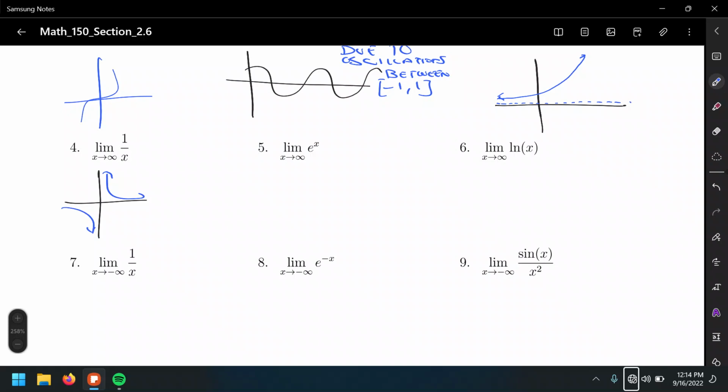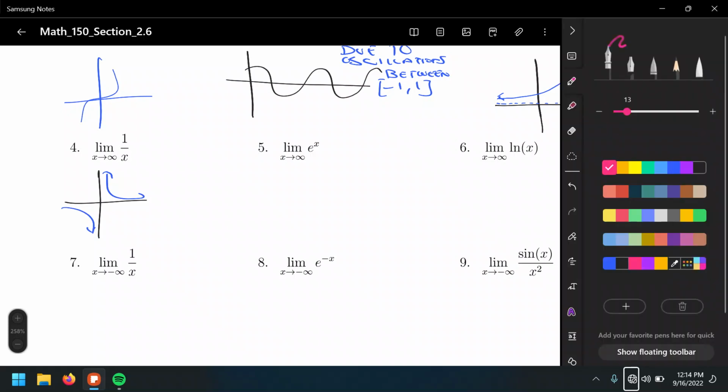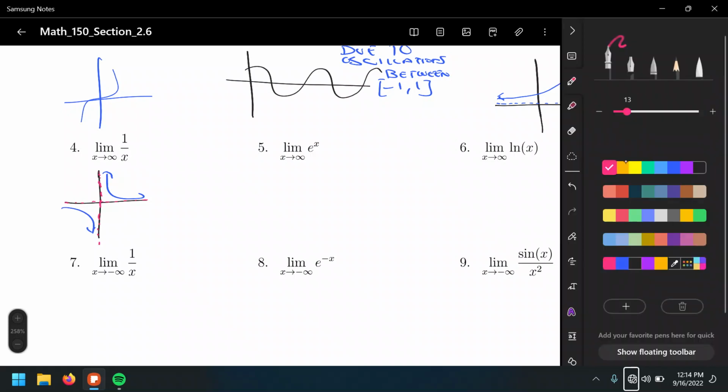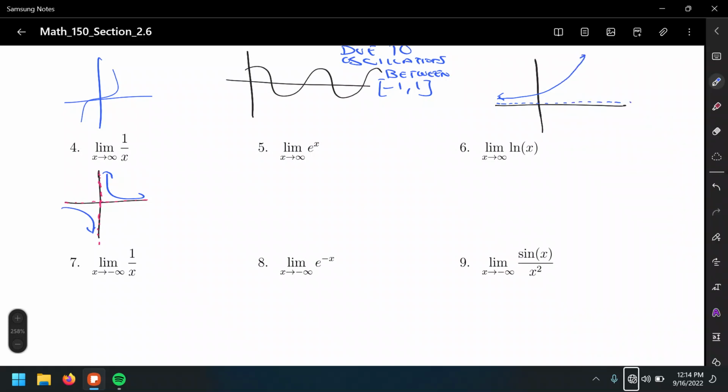Another piece of information that we usually miss is this horizontal asymptote right here. Mostly we'll look at this vertical asymptote, but there's also a horizontal asymptote over there. And yes, in this case, 0. So that's by the graphing approach.